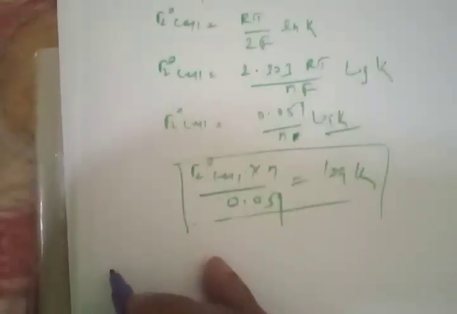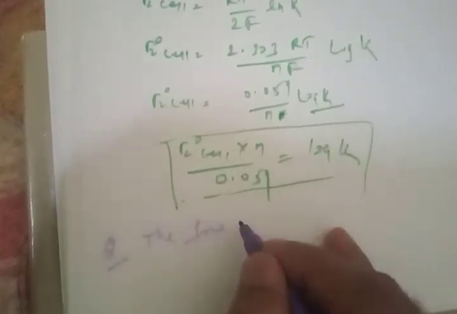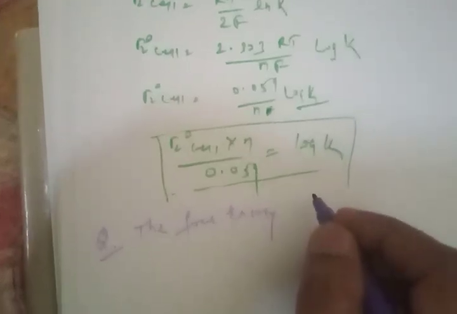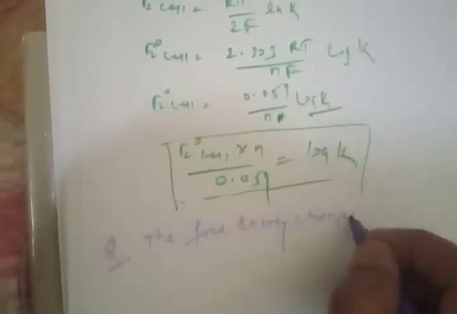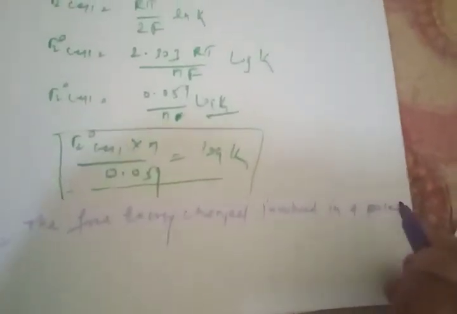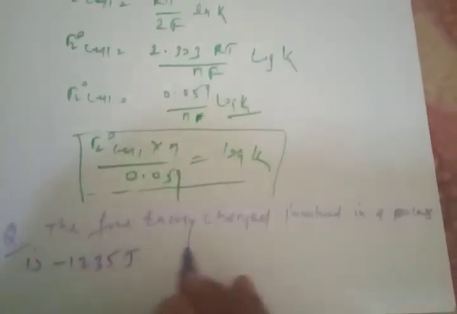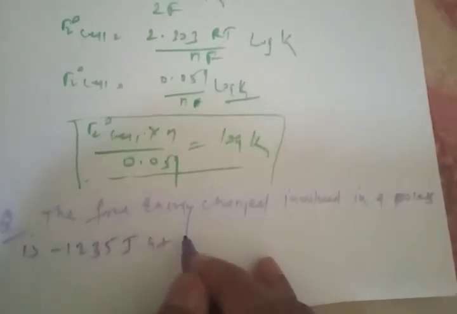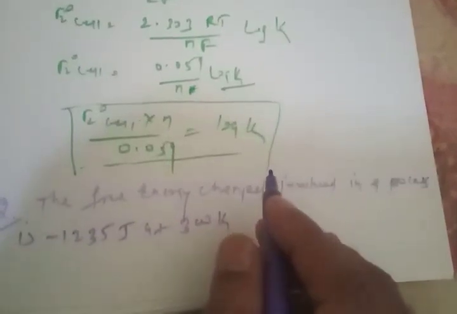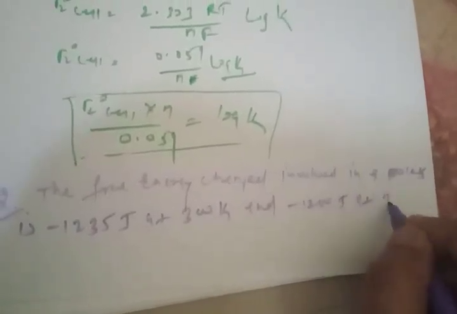The question: the free energy change involved in a process is minus 1235 joule at 300 Kelvin and minus 1200 joule at 310 Kelvin.